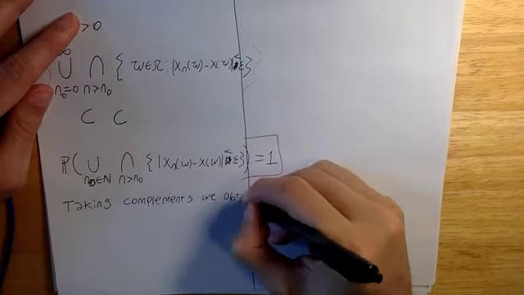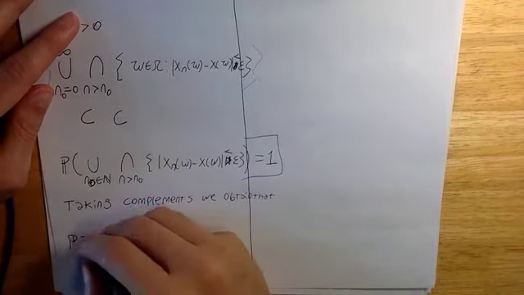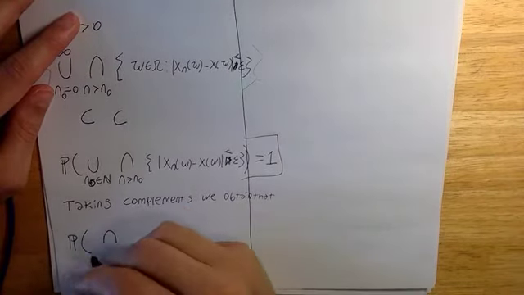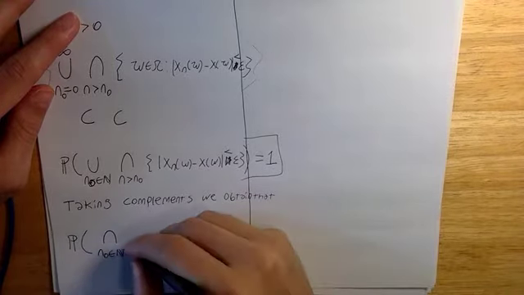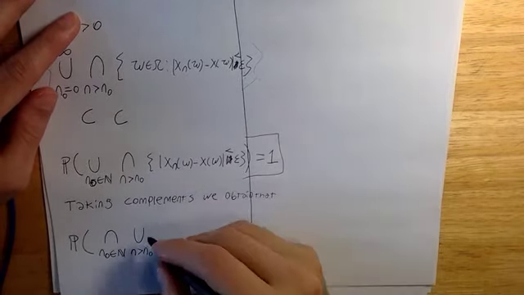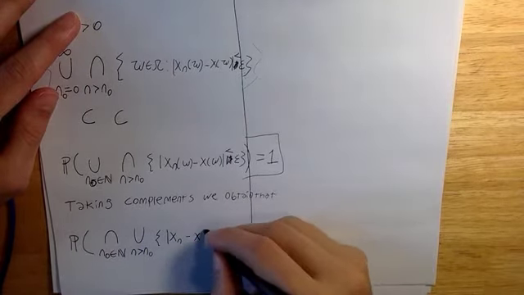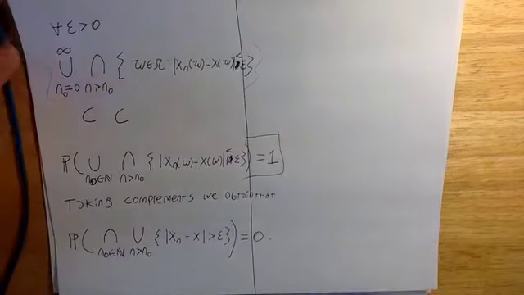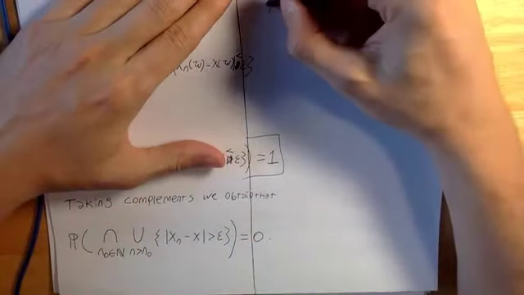We obtain that the probability of the intersection over n0 in N of the union over n larger than n0 of the complement of this set, which is |xn minus x| bigger than epsilon, is equal to 0. But now what we're going to do is translate back into limits.